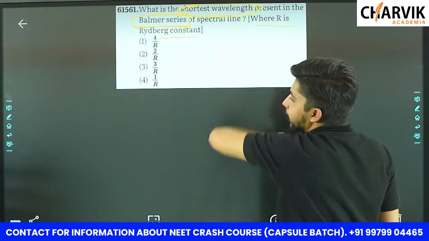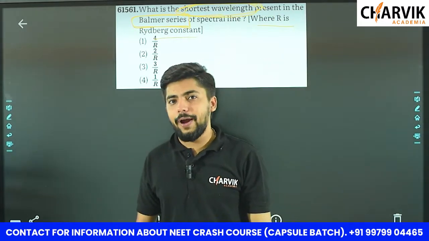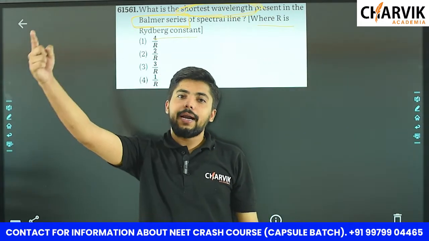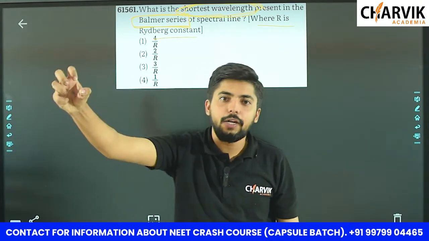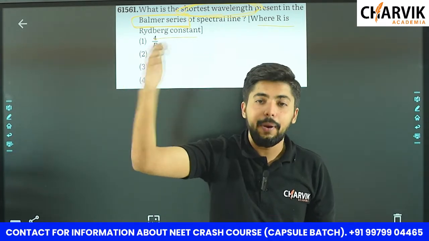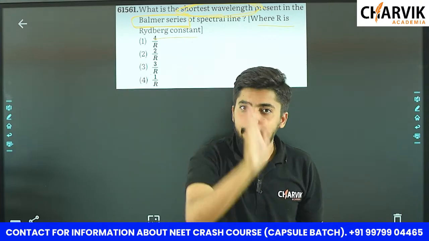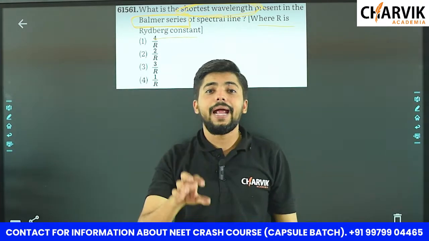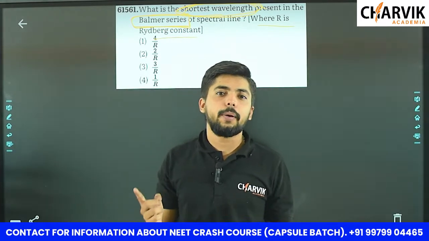For the shortest wavelength, we need to go to infinity, because only at infinity will the energy be maximum. And if the energy is maximum, lambda will be minimum, because energy and wavelength are inversely proportional to each other.